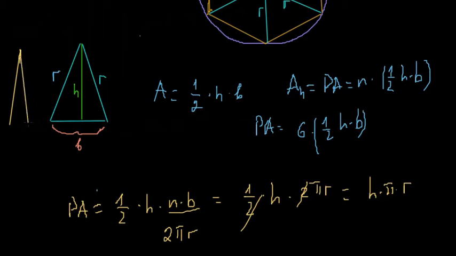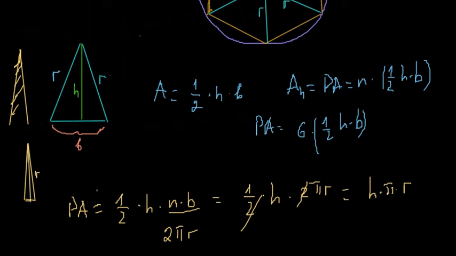Let's say n is equal to, I don't know, 1 million, we are left with these kinds of small triangles, and here r is again the radius of a polygon, and the height is h.